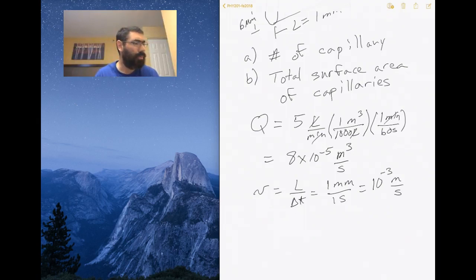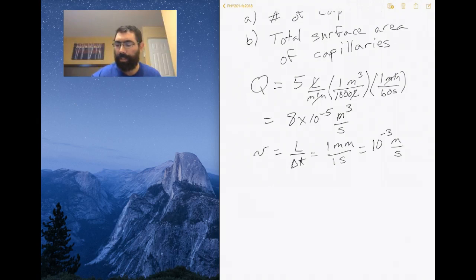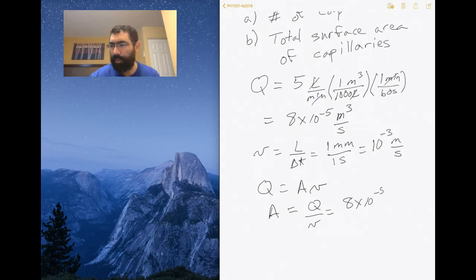Okay, if we have the flow rate and the velocity, we can calculate the area. The flow rate is the area times the velocity, so the area in total is Q divided by V, which is 8 times 10 to the minus 5 meters cubed per second, divided by 10 to the minus 3 meters per second.